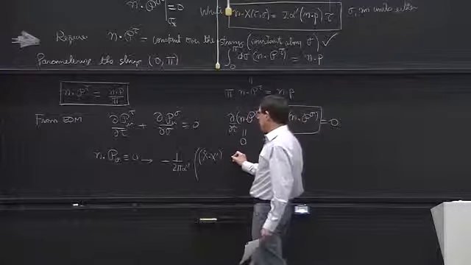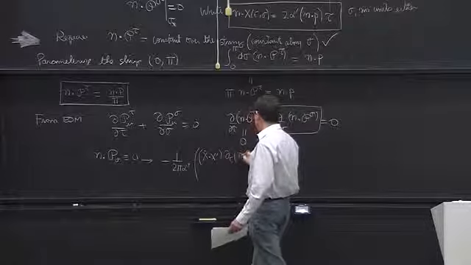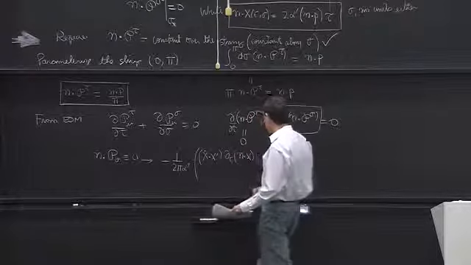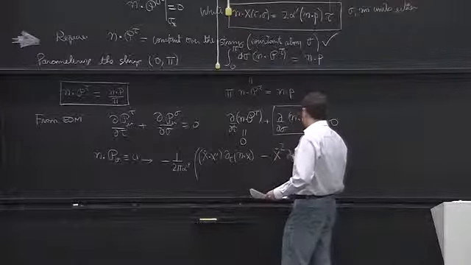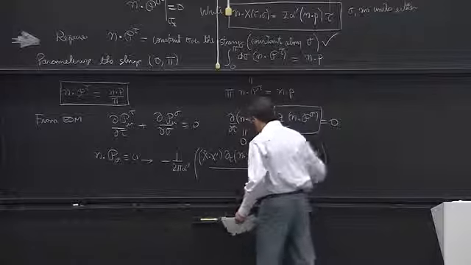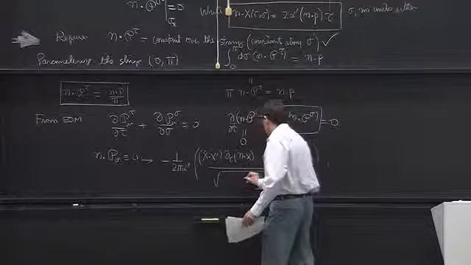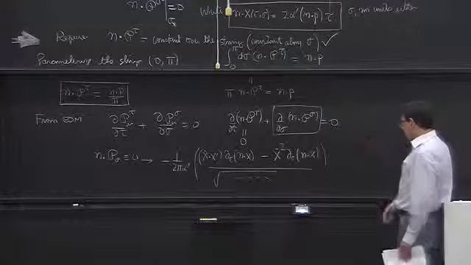So this, with the n vector, will be d/d tau of n dot x minus x dot squared d/d sigma of n dot x. And then there's the awful square root of the Nambu-Goto action. So we're trying to finally see what this gives.